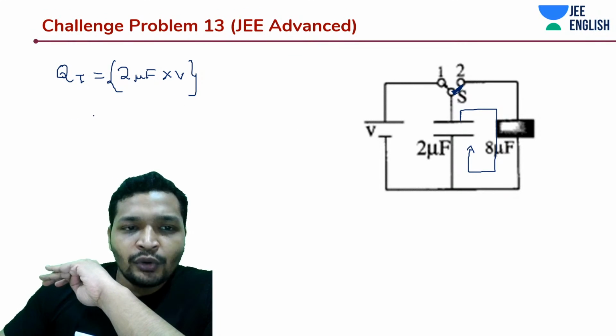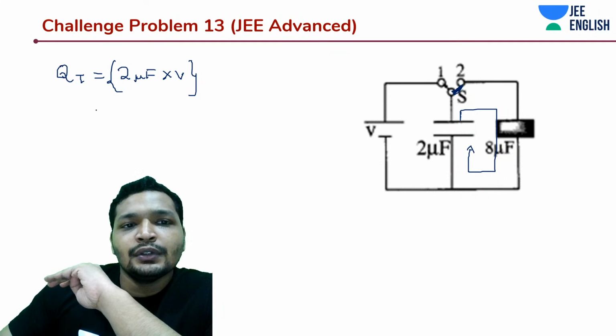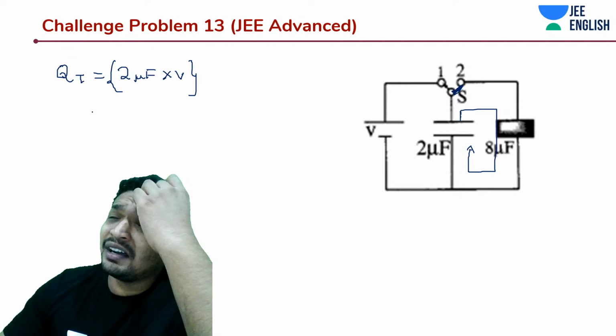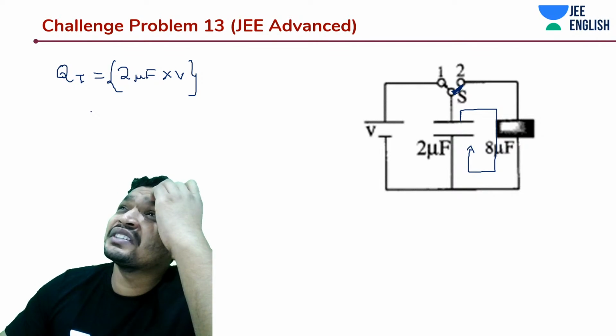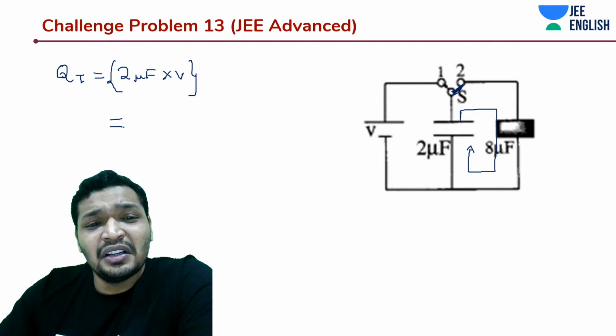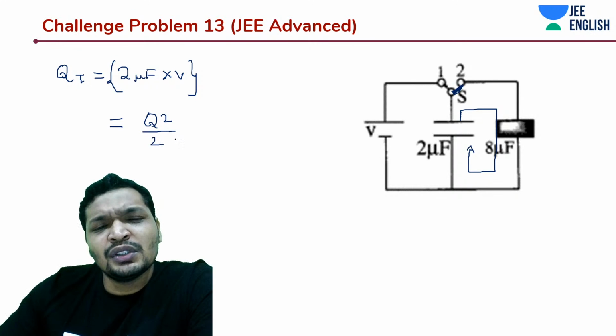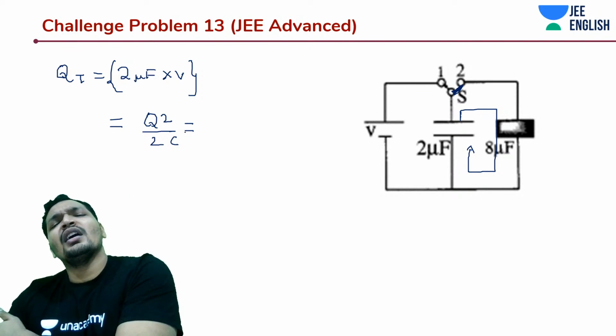So if I told you, so what did you say? Half CV square. Hold on. So you can go by Q square by 2C, but they're not really in parallel though.